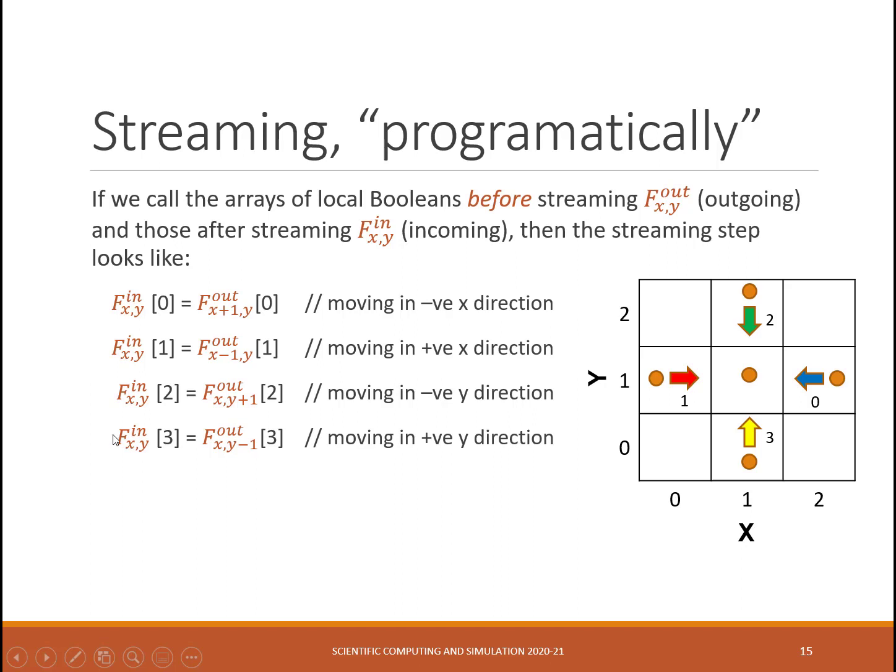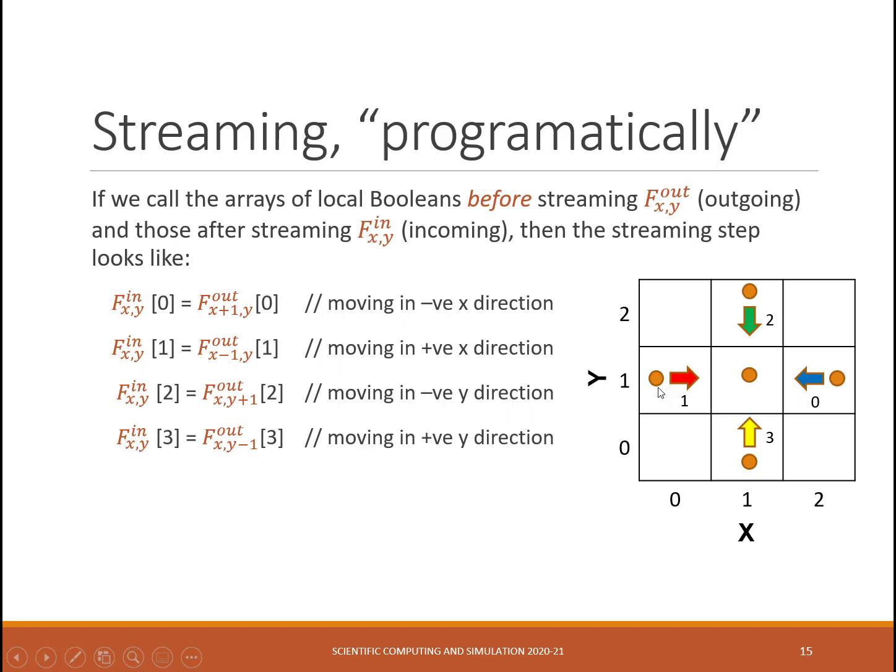The first rule implements negative movement along the x-axis. For instance, if there is a state 0 particle at cell 2 and 1, it moves to its neighbor cell at position 1 and 1 after the streaming step. The next rule moves a particle in state 1 to its right neighbor in the grid.